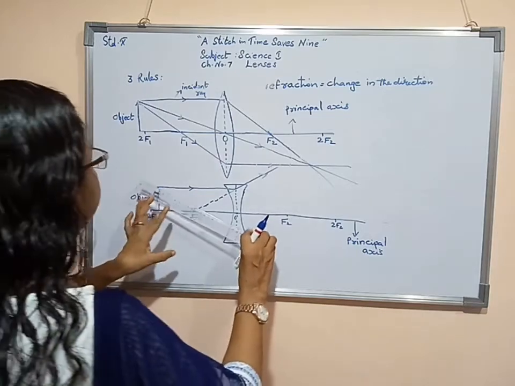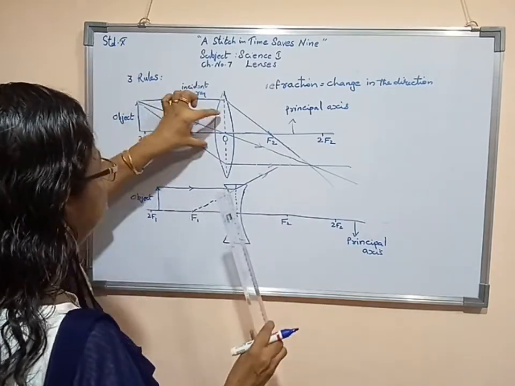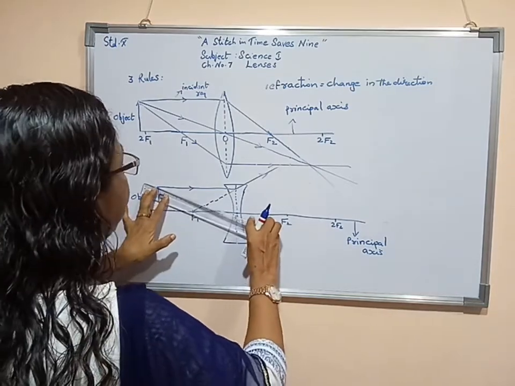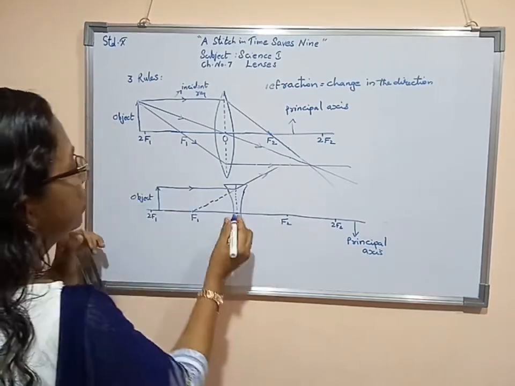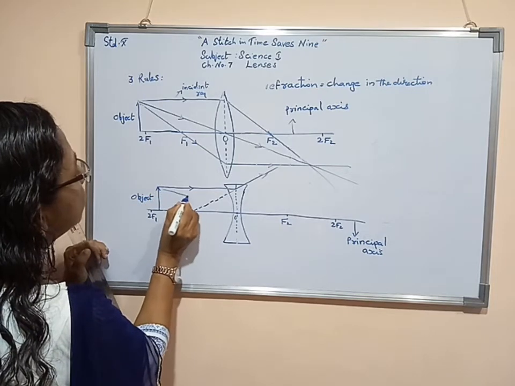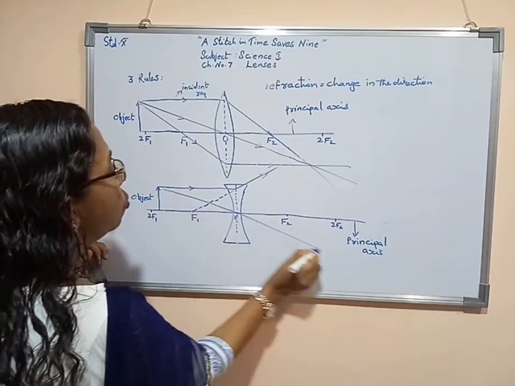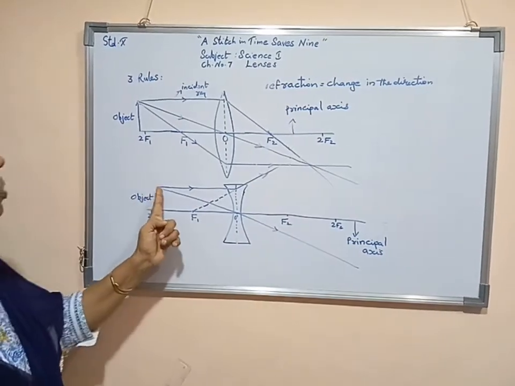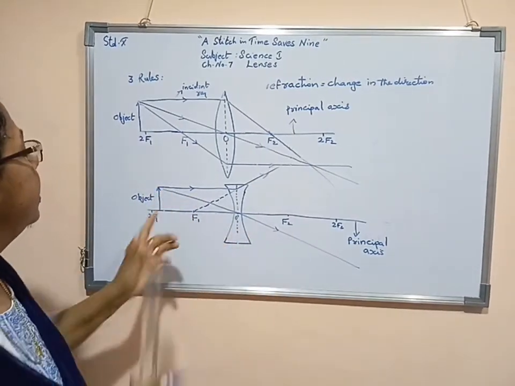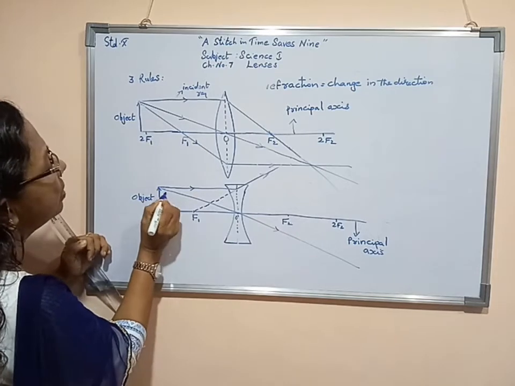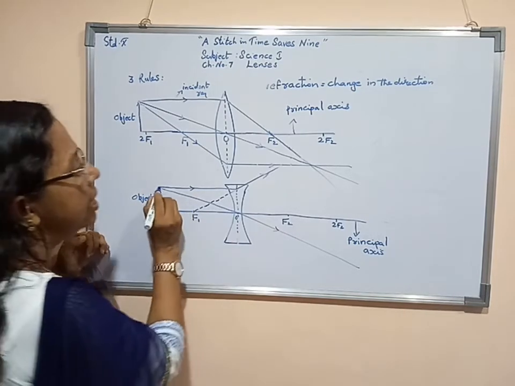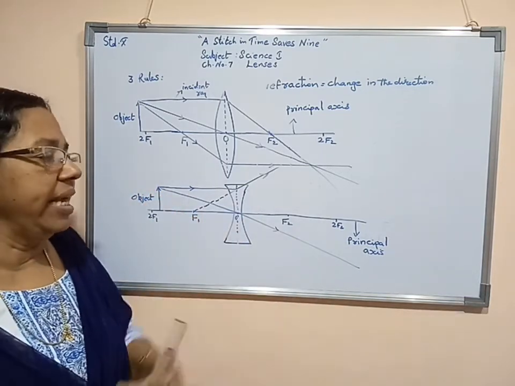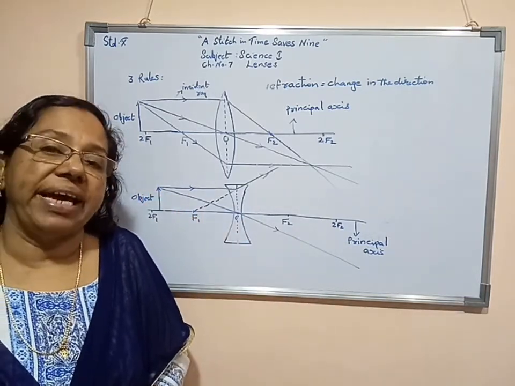Now we will study the second rule. It is the same thing, but here the lens is different. Now the ray which is passing through the optical center moves without any refraction. The ray which is coming from the object moves through the optical center without any refraction.